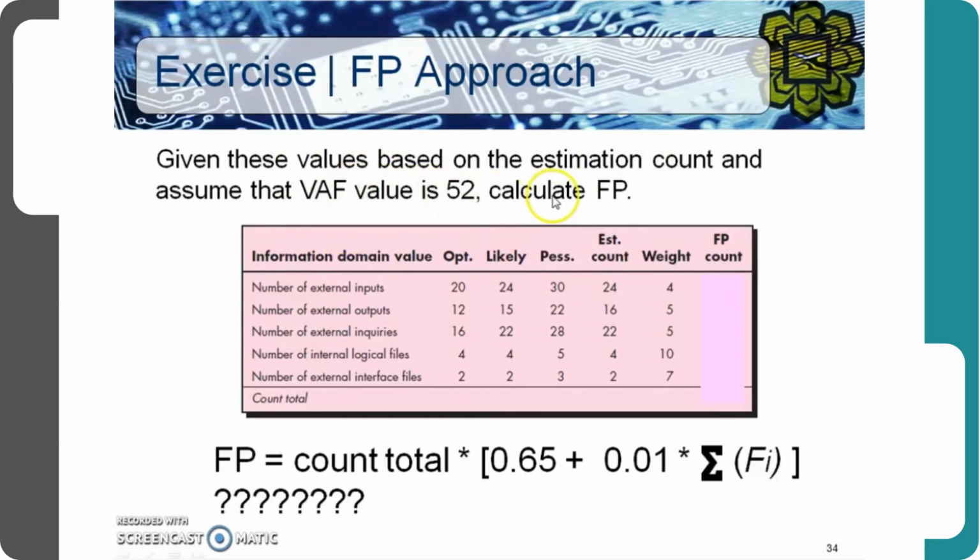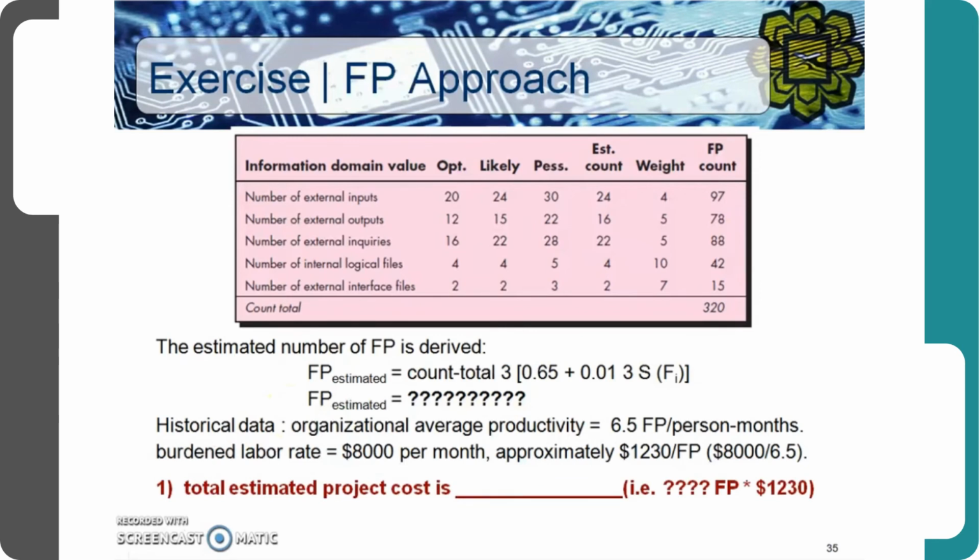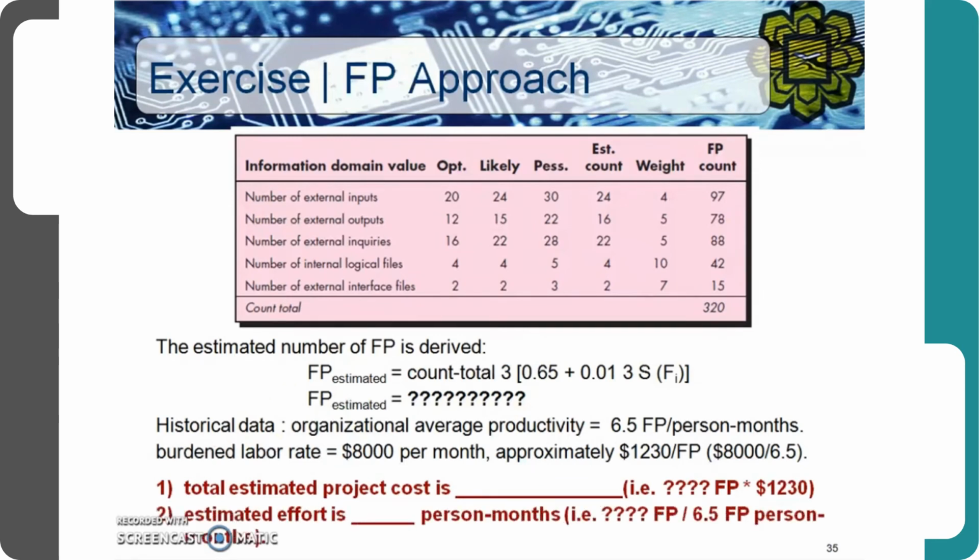Now calculate the function point using the same steps. After you have calculated the value, I want you to try to calculate the total estimated project cost and the estimated effort for this example.